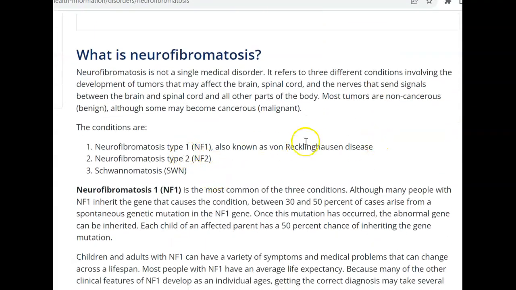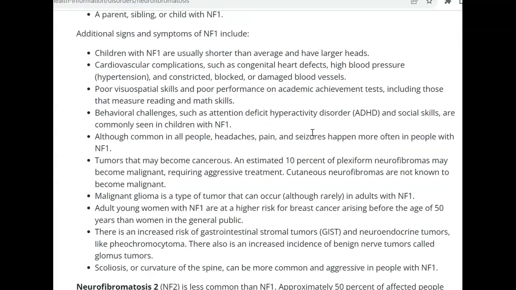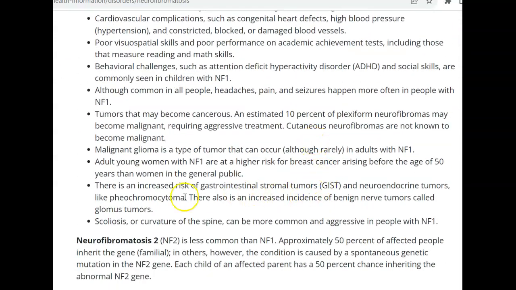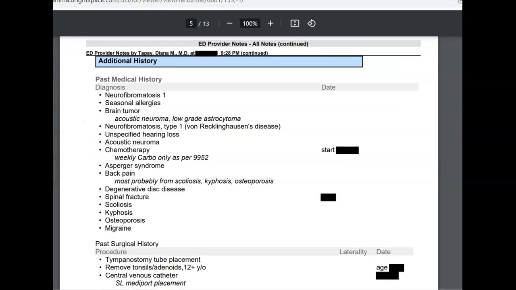Okay, they have type 1. But if we go down here and look at the different things, increased risk of GI stromal tumors. Okay, so possibly this could have had something to do with the quadrant pain.